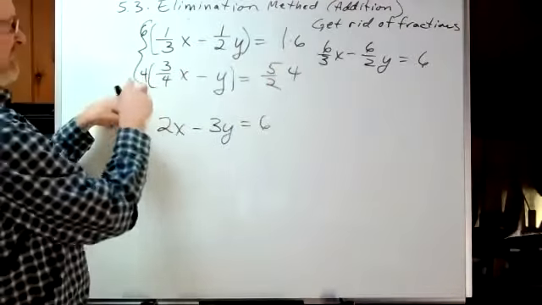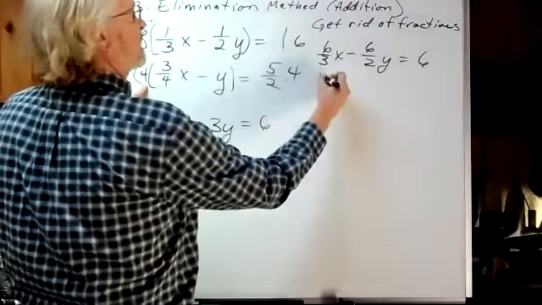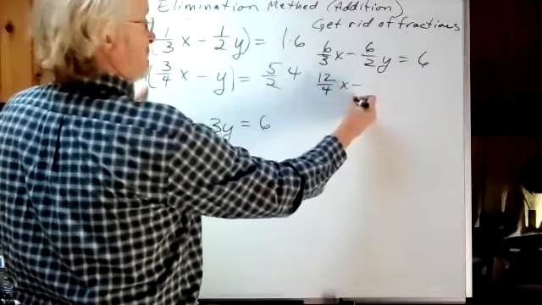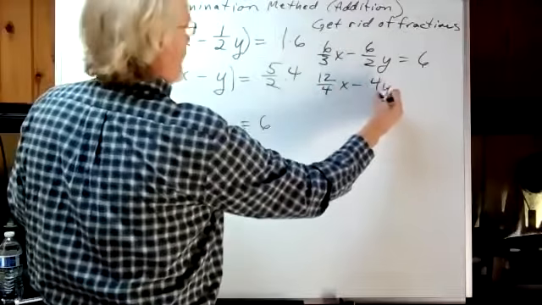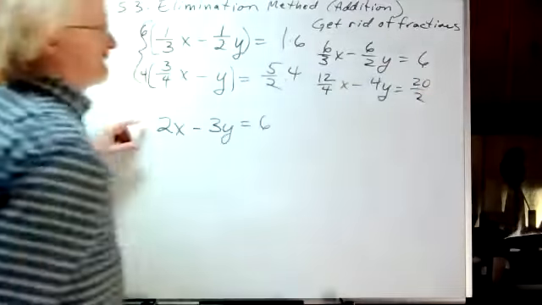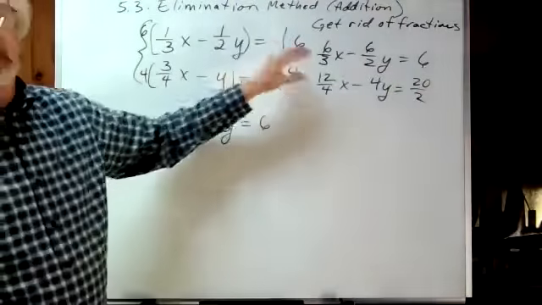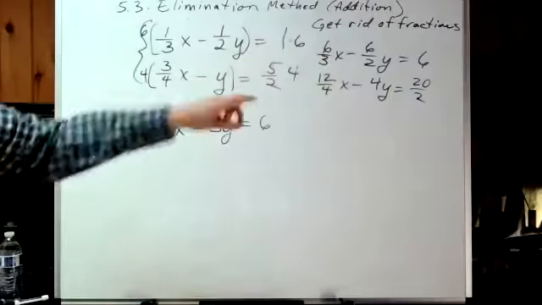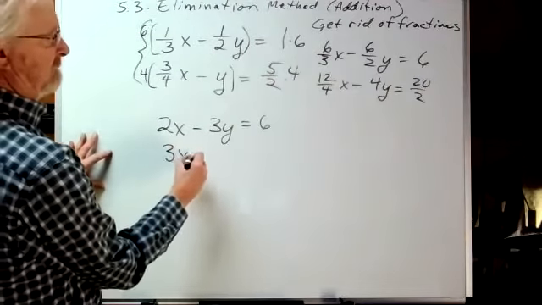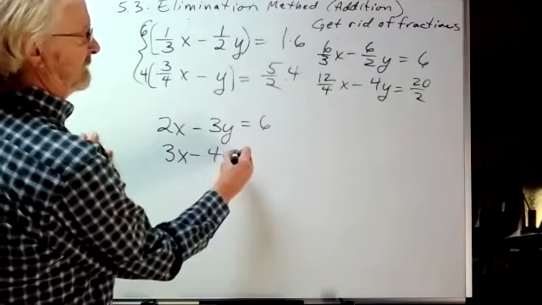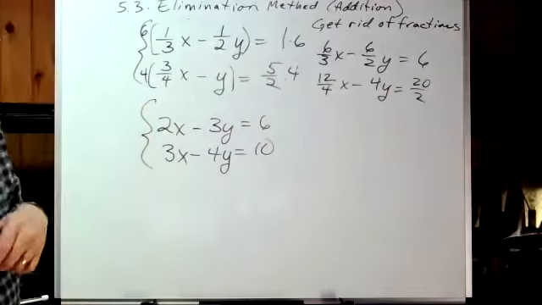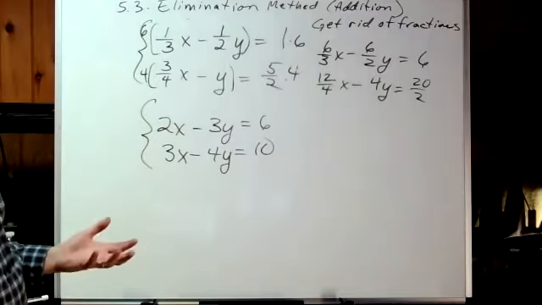Here that would be, I'll write it all out, 12/4 x minus, I have to multiply the whole number too, 4y, and here I'd get 20/2. I'm just showing all the scratch work, you might say. Now I'd reduce those fractions. Here I get 3x minus 4y equals 10. There is now an equivalent system without the fractions.